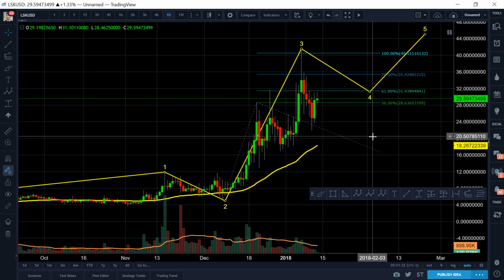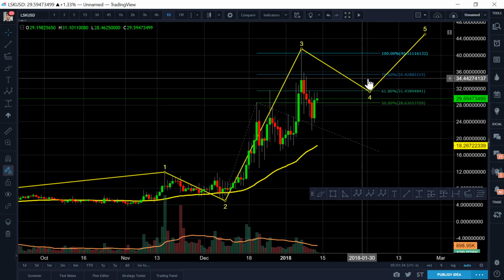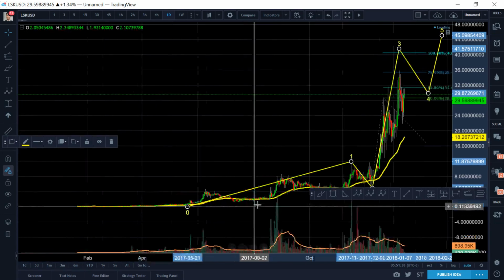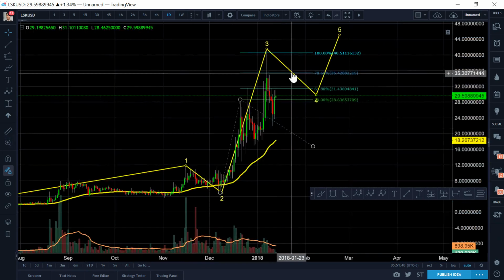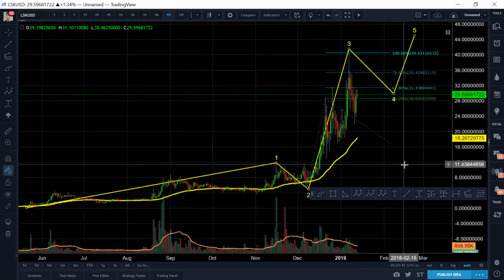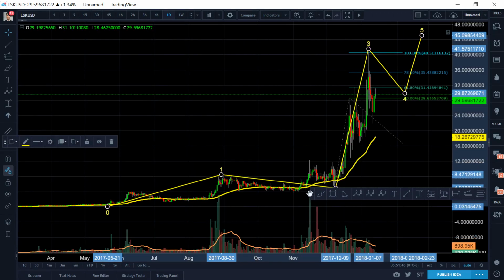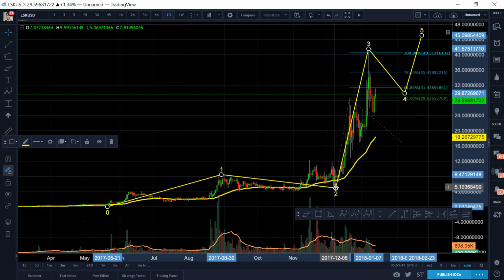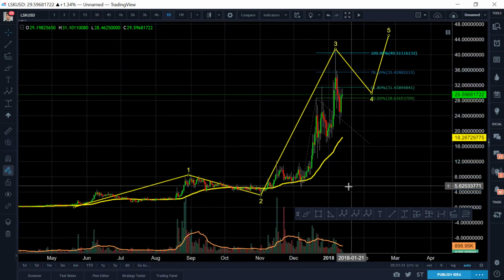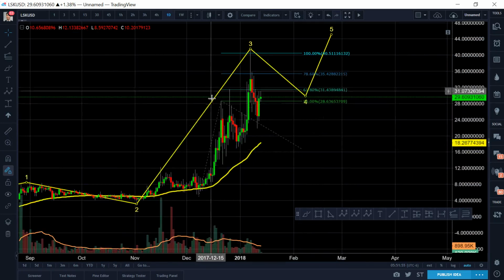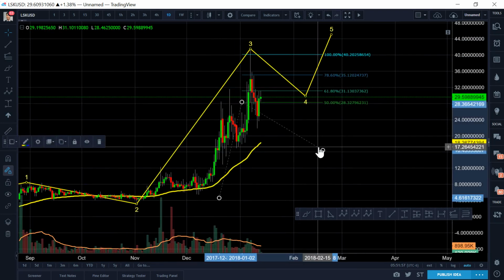So it makes more sense to do the wave counting like this on a daily, where this is your wave 1 right here, right? Like that. One, two, three, 4, 5, and that was the A, B, C, D, E corrective pattern.